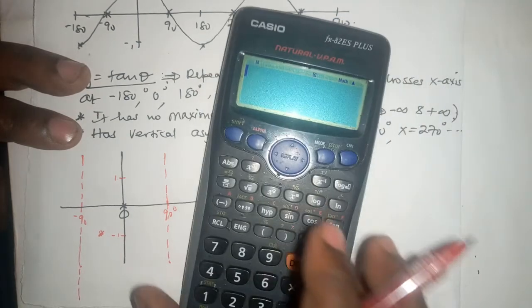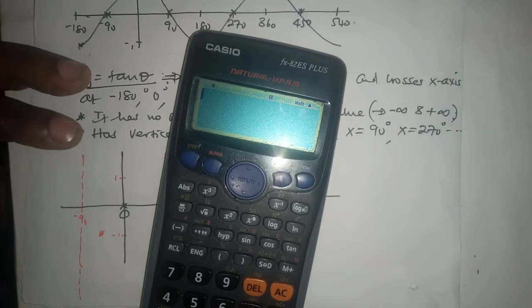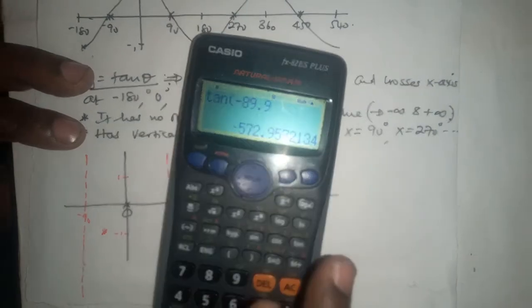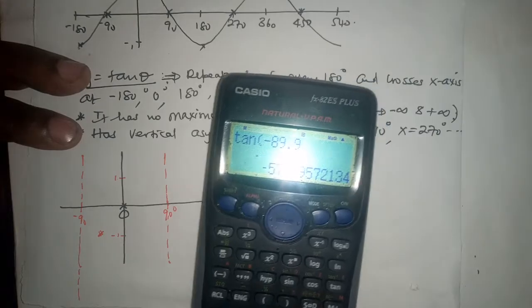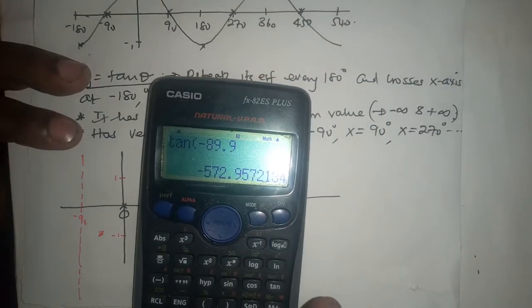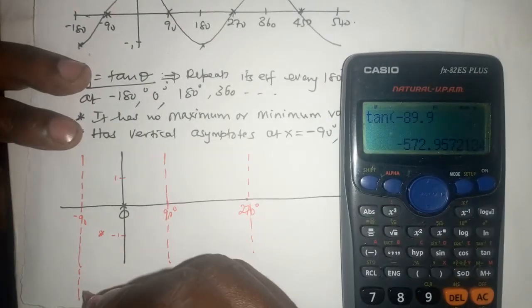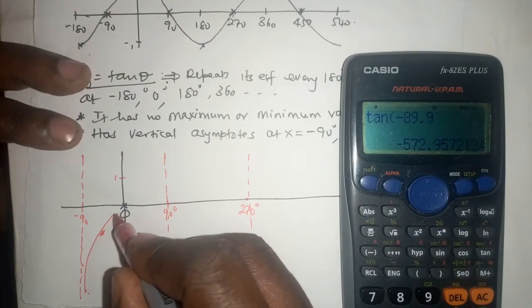But even as we approach negative 90 further, the tan of negative 89.9, let's see what that is. Negative 572.9, that is already a negative infinity. So this graph is behaving like this.